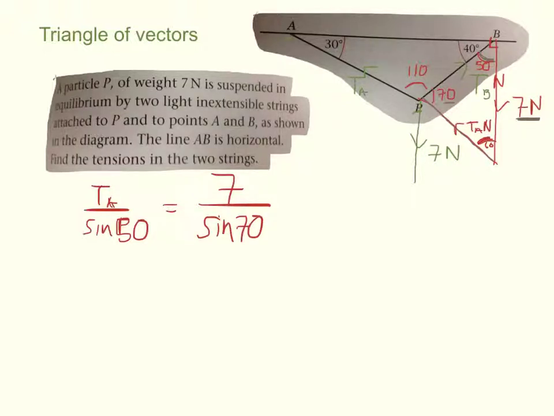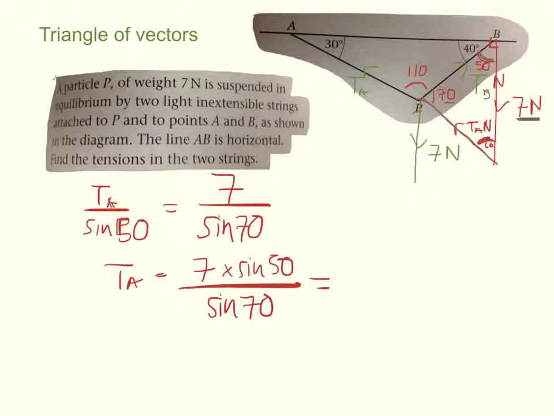Okay, so now we can just rearrange that to say that TA equals 7 times sine 50 over sine 70, which gives us 5.71 newtons to 3SF.